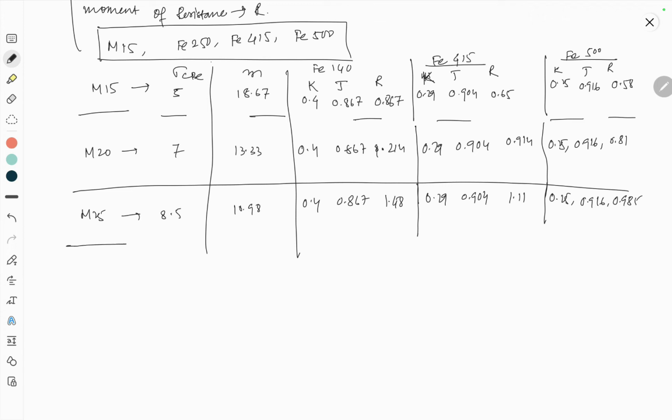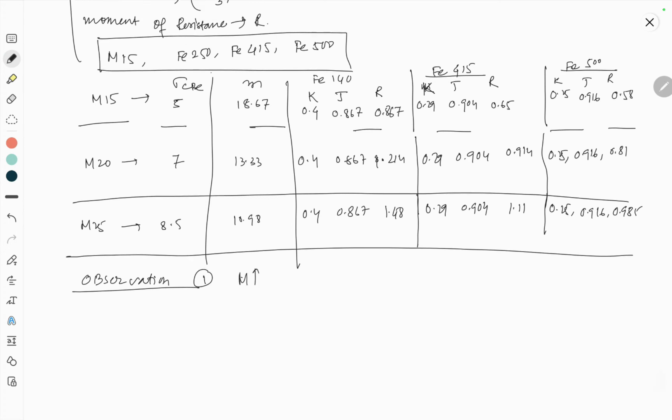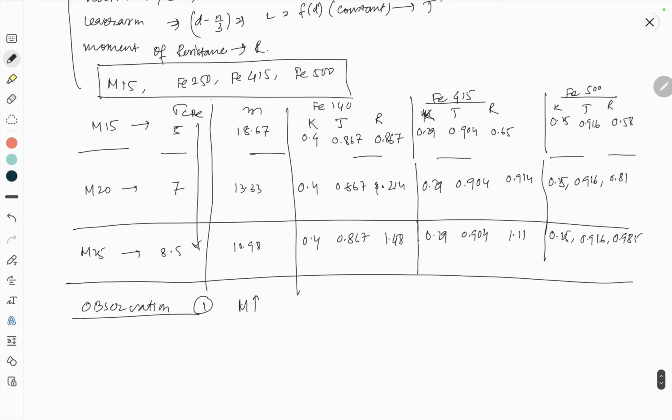So these are a few design constant values. But I recommend one thing: don't memorize this, but make some observations. Number 1, if the grade of concrete increases, sigma cbc also increases.